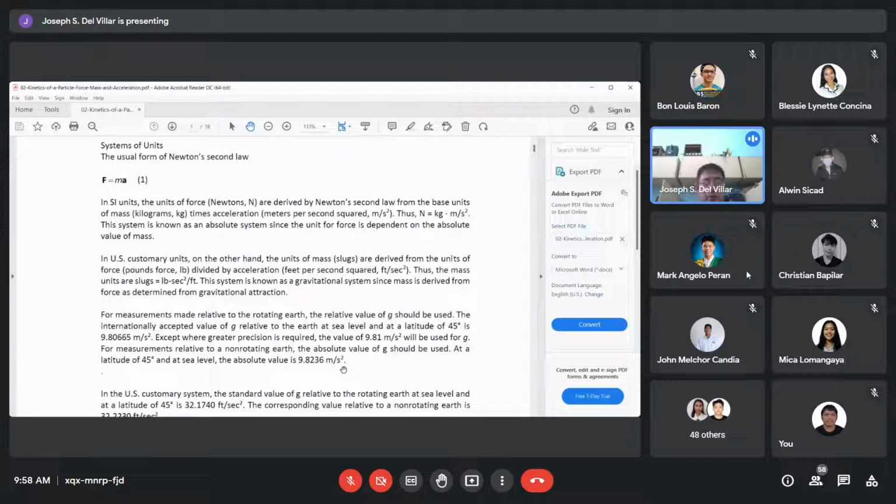Okay, so we are going to use gravitational acceleration up to 2 decimal places only, no? 9.81 meters per second squared.